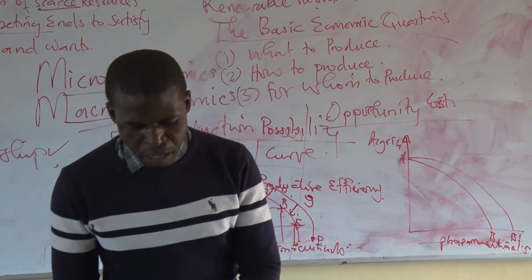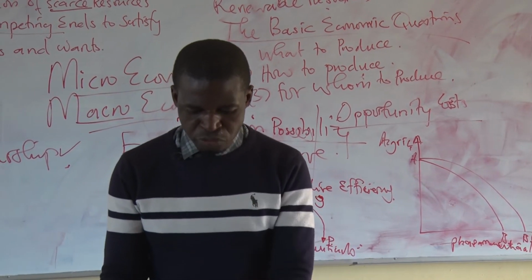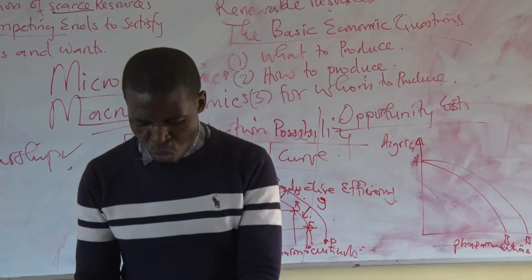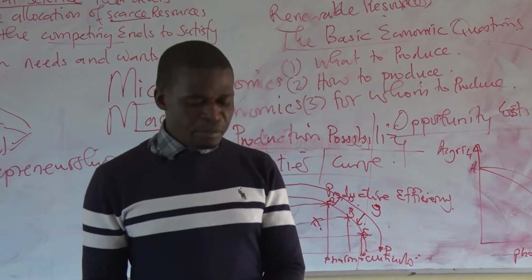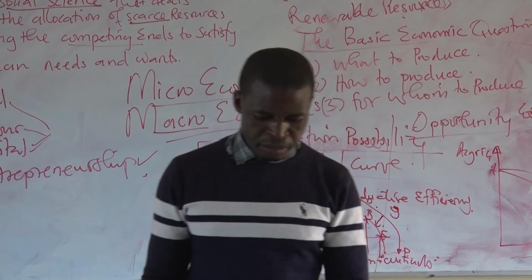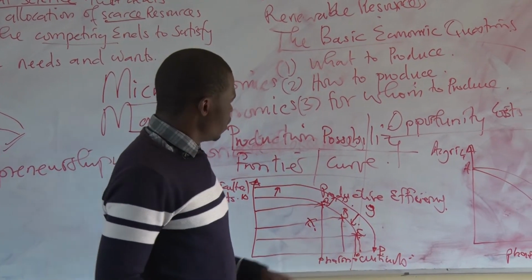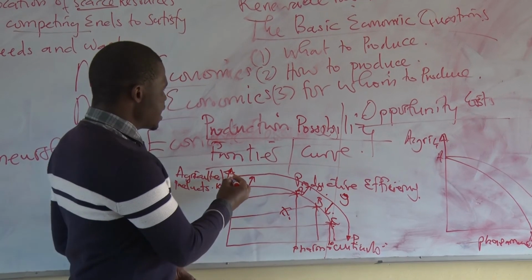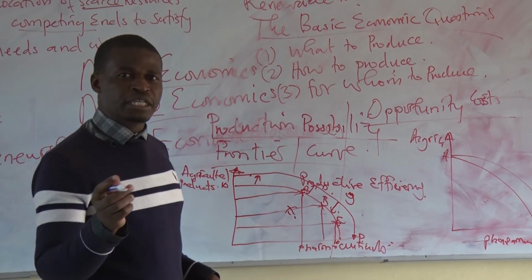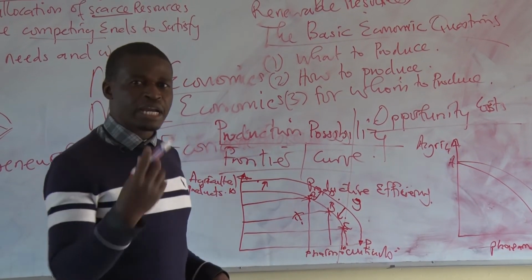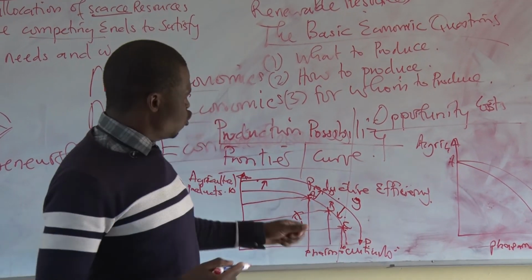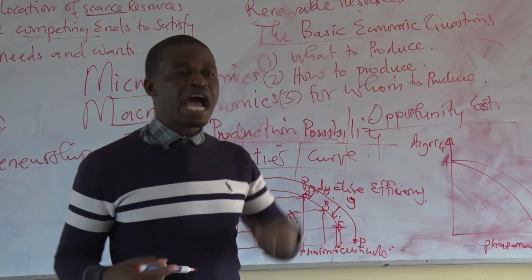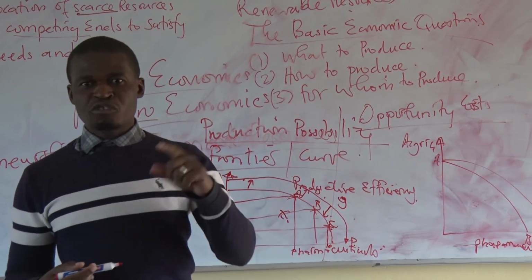From then on, we go on to the reasons behind the concavity of the production possibility curve. This one shows that there is an increase in the opportunity cost or the marginal rate of transformation. For example, the machines that we were using to produce agricultural products are not the same machines that we'll be using to produce pharmaceuticals.